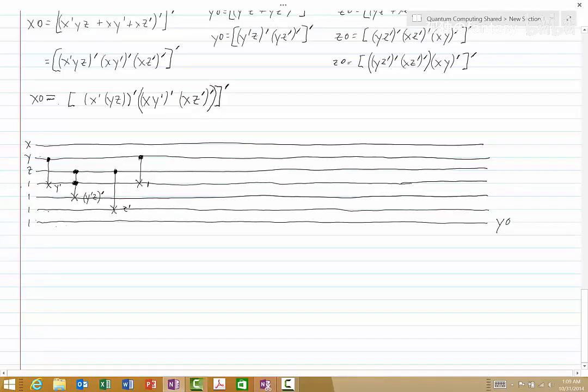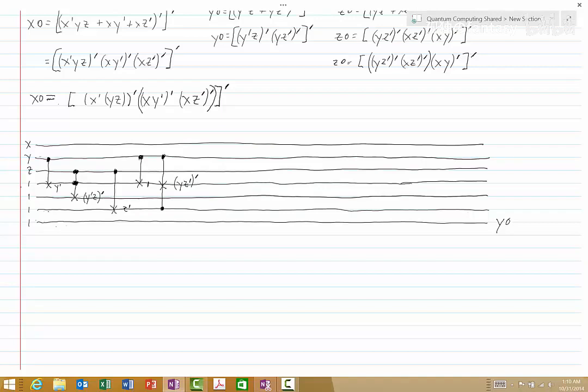So we take the Z prime line as one of our control lines, and the Y line as another control line, and this line on which we've put the 1 as the controlled line. Now we place this gate, and we will have Y Z prime NANDed on that line.